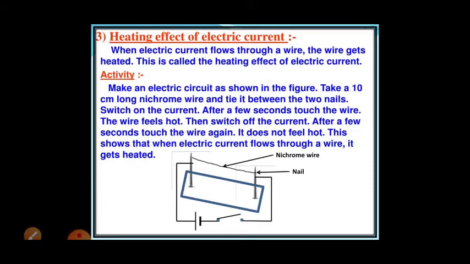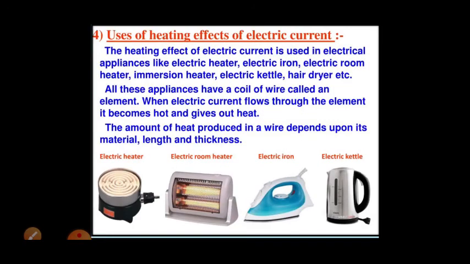All the electric appliances get heated, but this heating effect we can easily use for different purposes, like when we want to iron clothes. Electric kettle, where we can easily boil water, then microwave, then immersion heater.